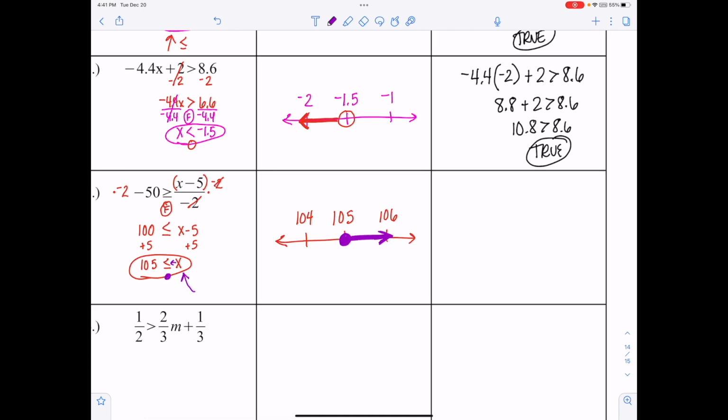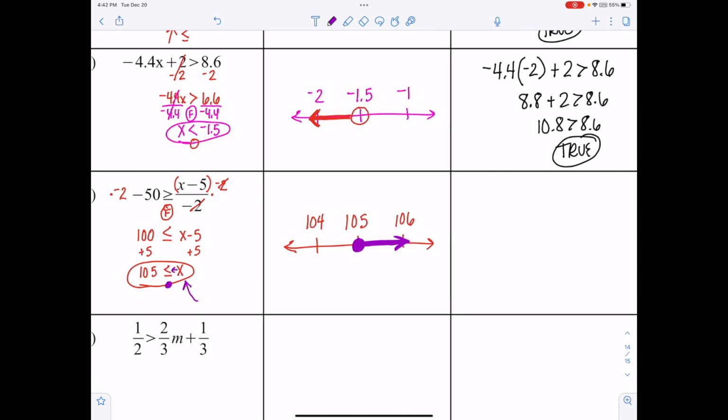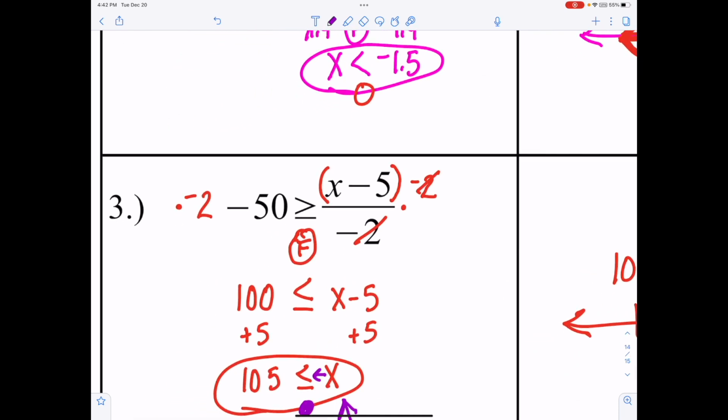And so I need to pick a number that is greater than 105 somewhere on the line. So let's just pick something that'll be nice. I'm going to look over at my problem. If I put something in here, I'll be subtracting 5, but then I'll have to divide by 2. So maybe I'll pick like 100.